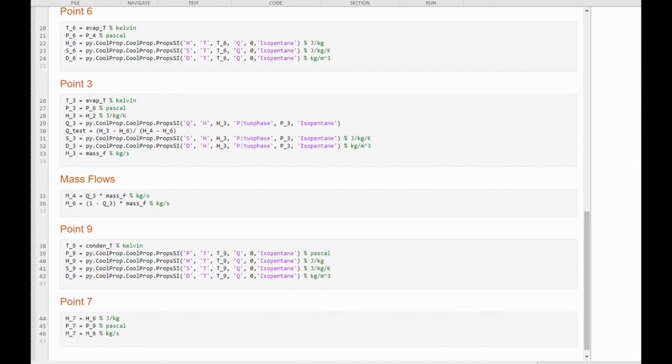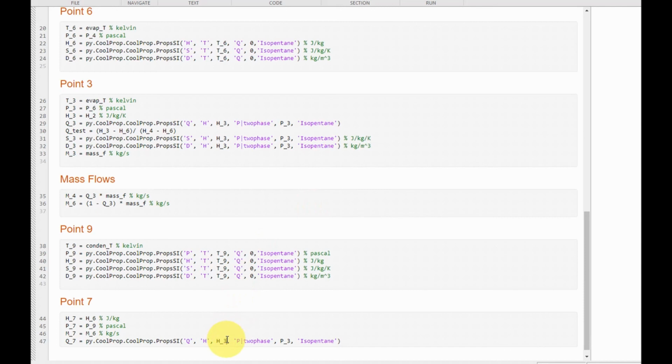We could go on here to calculate the quality of the fluid at that point. But again, we know that the fluid is in its liquid phase. So we could just go ahead and do that and probably use it as a test for our temperature. So we could go ahead and say Q_7 is equal to... I just copy one of these and paste it here.